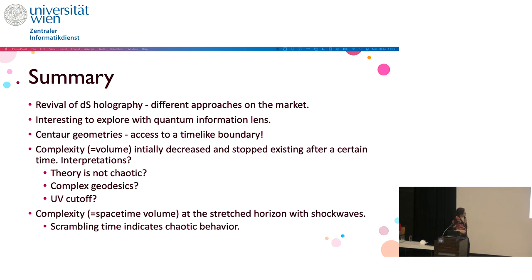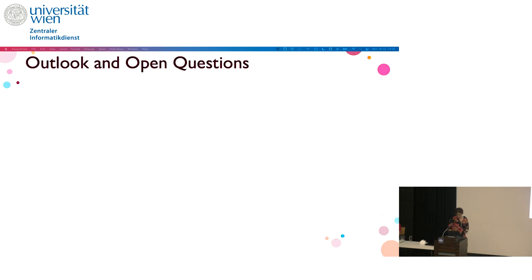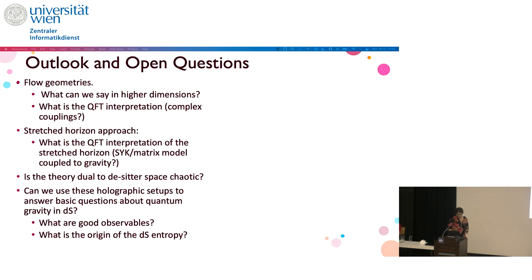We also talked about the idea of defining complexity of a theory at the stretched horizon with shock waves. And in this case, it looked like the scrambling time indicated chaotic behavior. And of course, this leaves us with a number of open questions, mostly about the quantum field theory interpretation of these two geometries, and what can we say in higher dimensions?